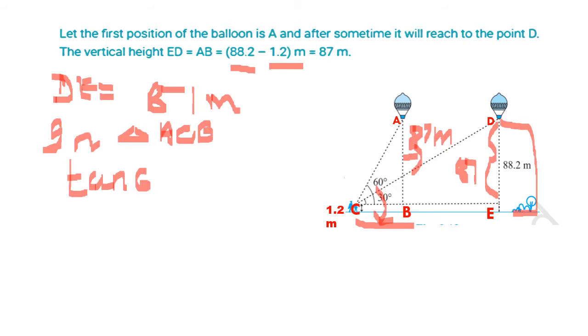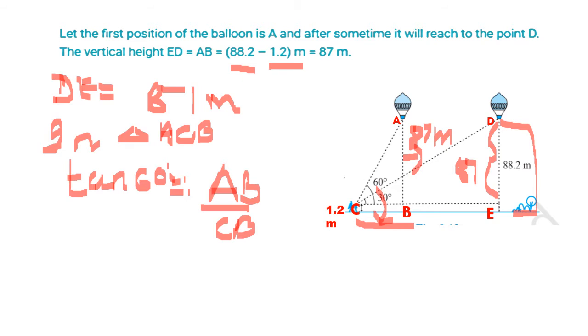Tan 60 is equal to height upon distance, that is AB height upon distance CB. In other words, it is opposite upon adjacent. Tan is always opposite upon adjacent.